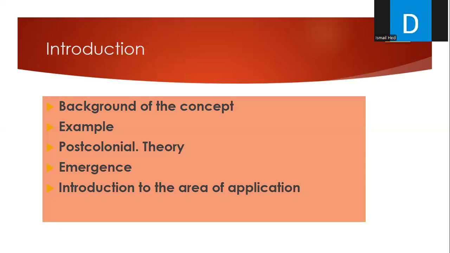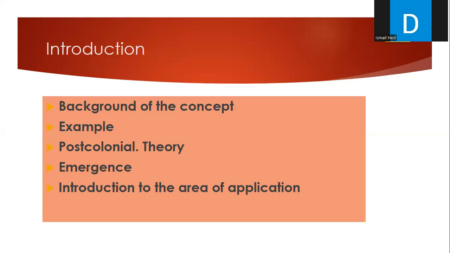So, the background of the concept, with examples such as post-colonial theory, if you want to write about it, then you have to establish the background of that particular post-colonial theory, how it emerged, various writers related to that particular theory, such as Frantz Fanon or Edward Said.